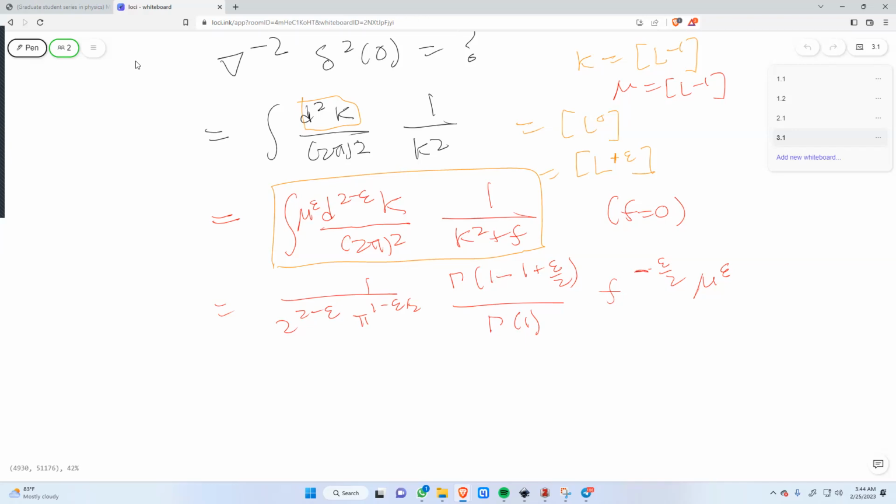And then what we see here is that this is just equal to 2 minus epsilon, pi, 1 minus epsilon over 2, 1, and then this becomes 2 over epsilon, and this becomes mu over square root of f, epsilon.